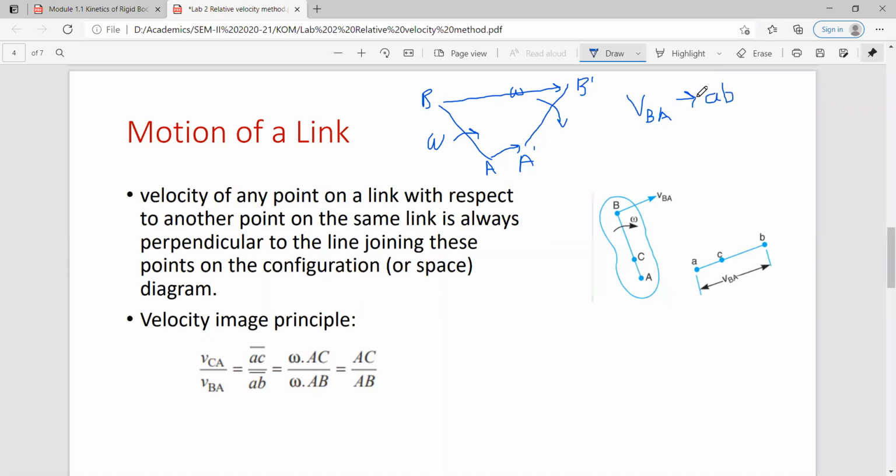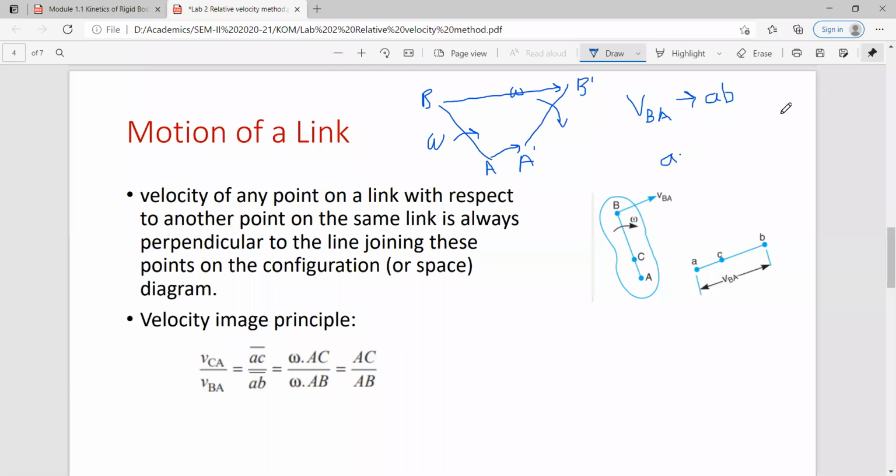Means I have to start drawing this vector with respect to point A. So from point A I will start. In this particular case I will assume that my point A is somewhere here. So this vector ab will start from this point. Here we have to draw it.